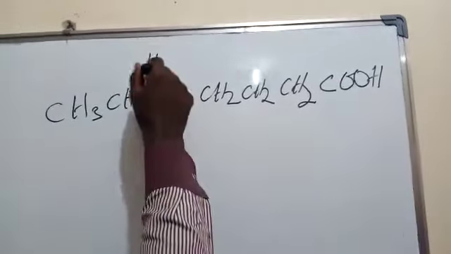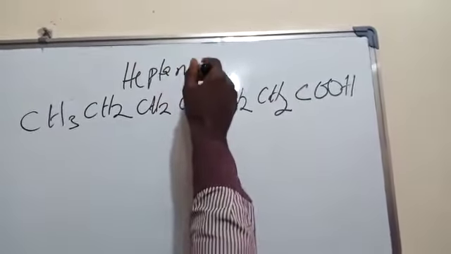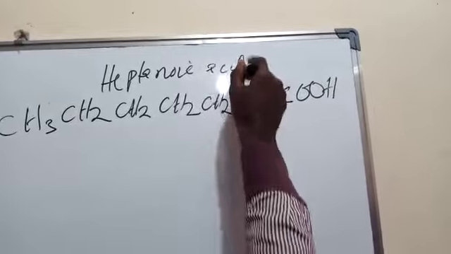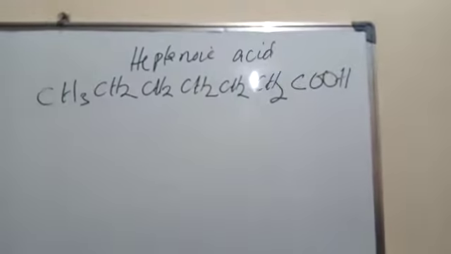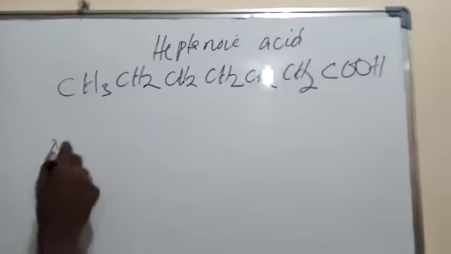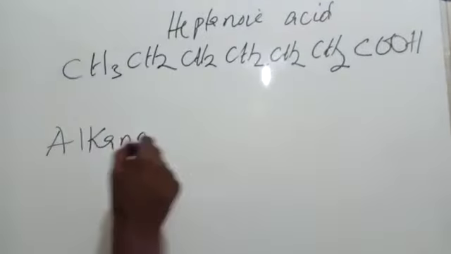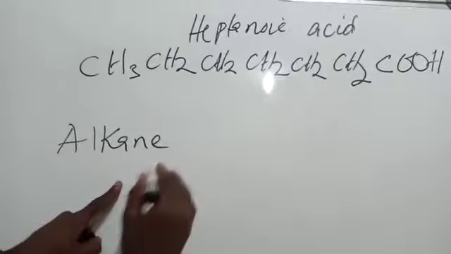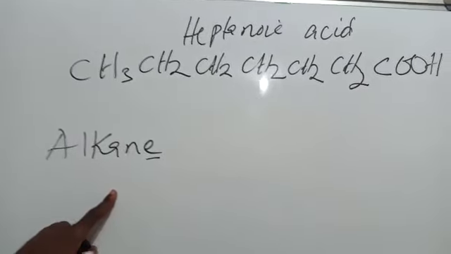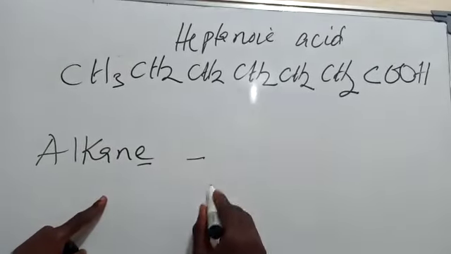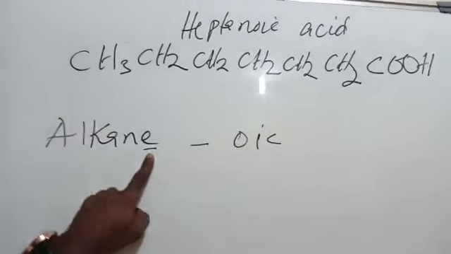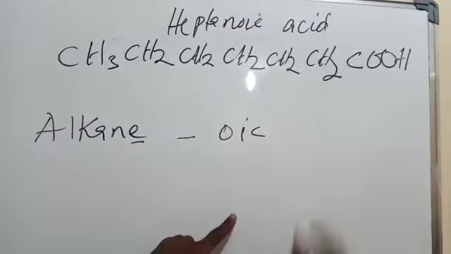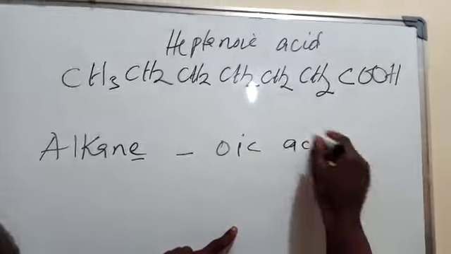We call this heptanoic acid. Now, it's important for you to know that their names are formed from the normal alkane, but the last E is replaced with the suffix oic. So when you remove this last E and put oic and acid, that is oic acid, you form their name.